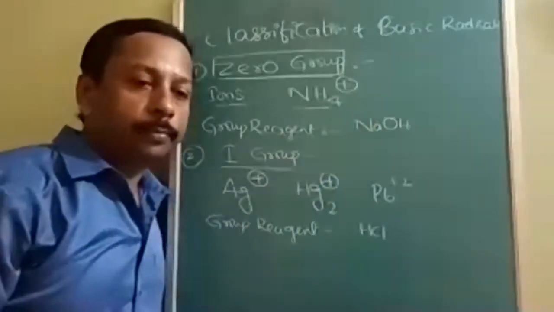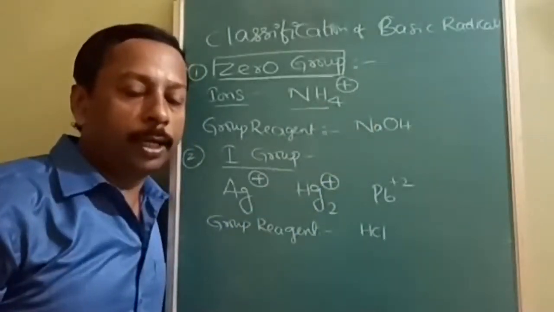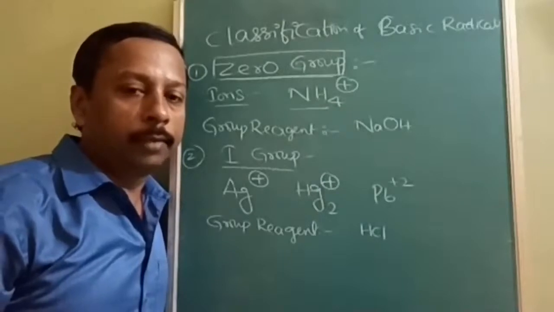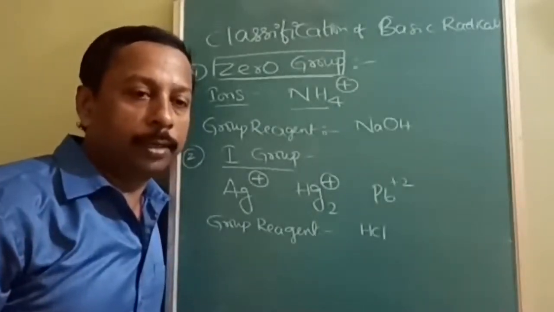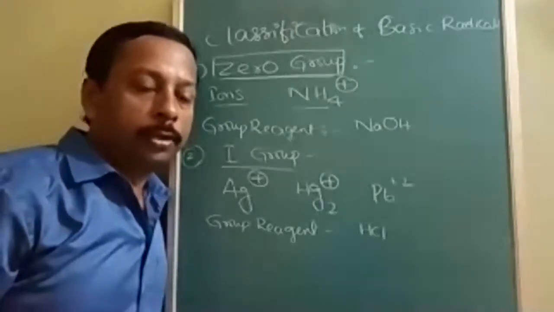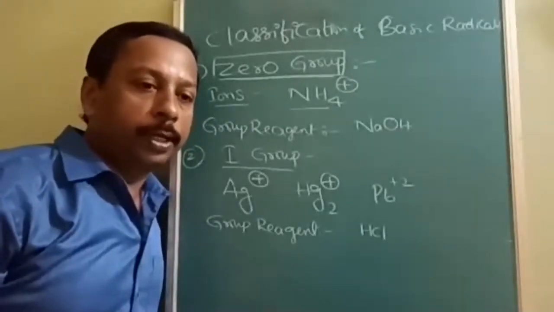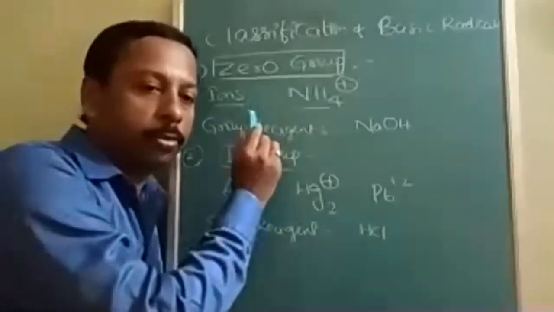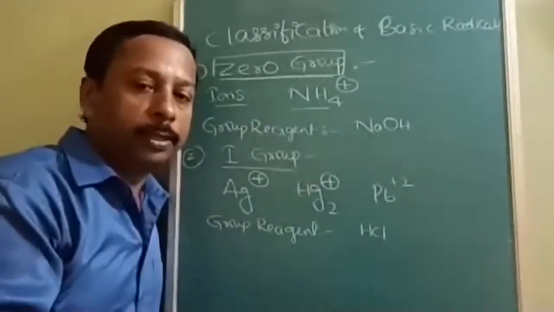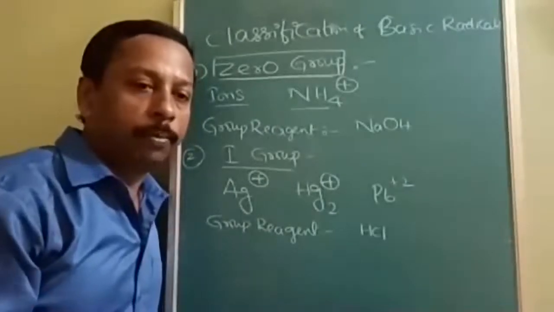That's why this is the only non-metallic cation; the rest are more or less metallic. So if there is a question asking which group contains a non-metallic cation, your answer must be the zero group, and the only example is NH4 positive.